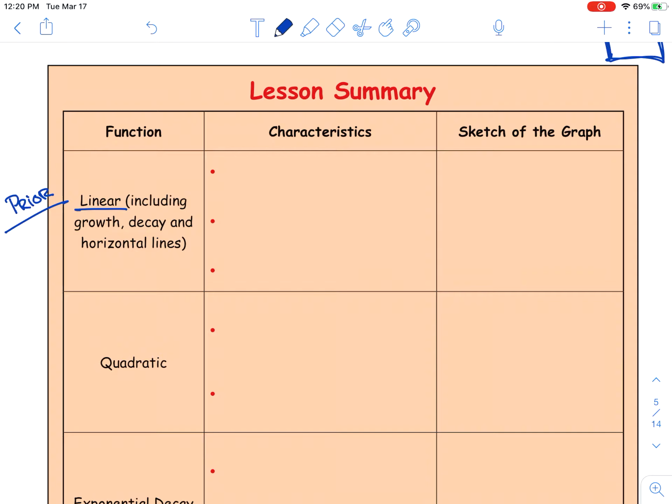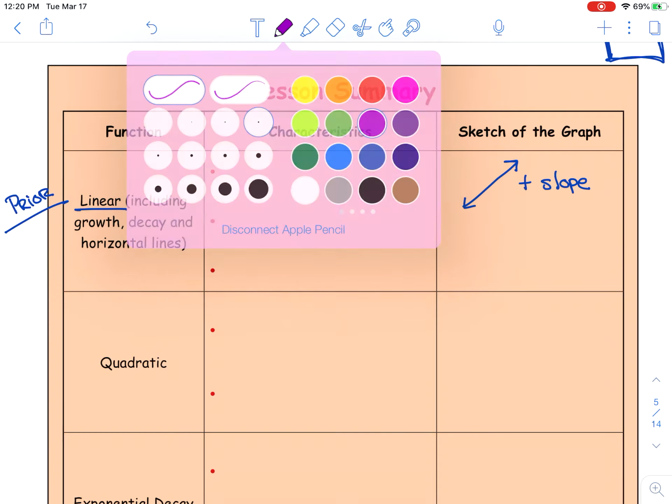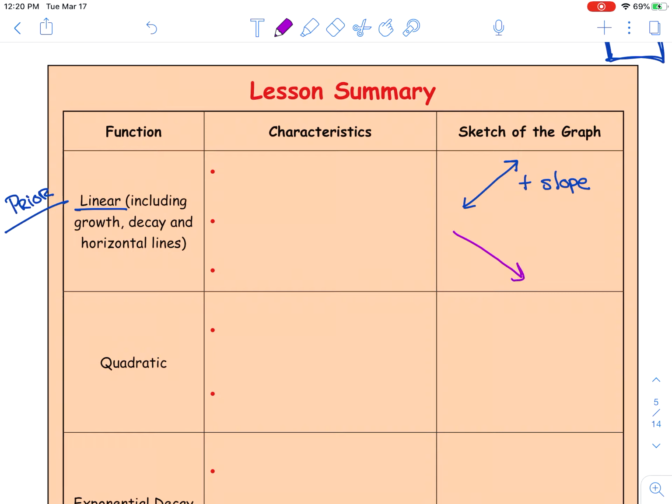It's about lines. And our lines can either be positive slopes going upwards, or they can be negative slopes going downwards.